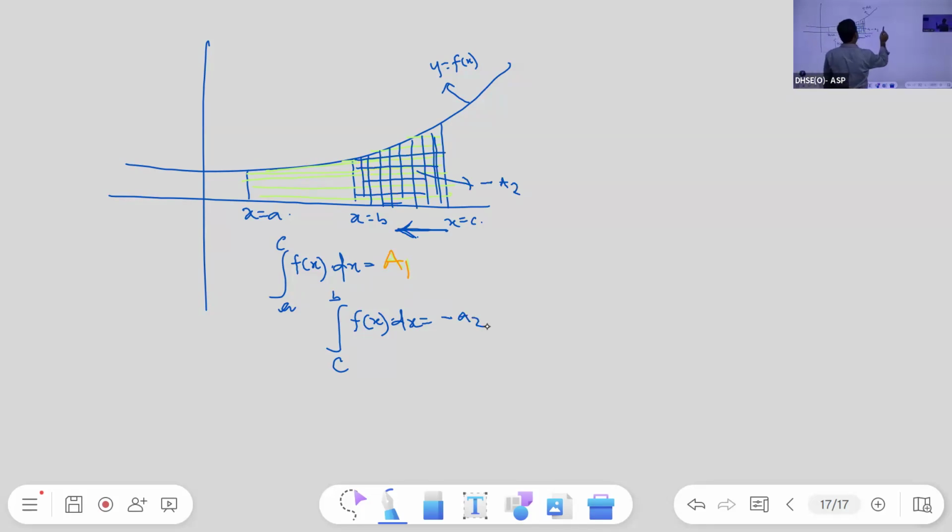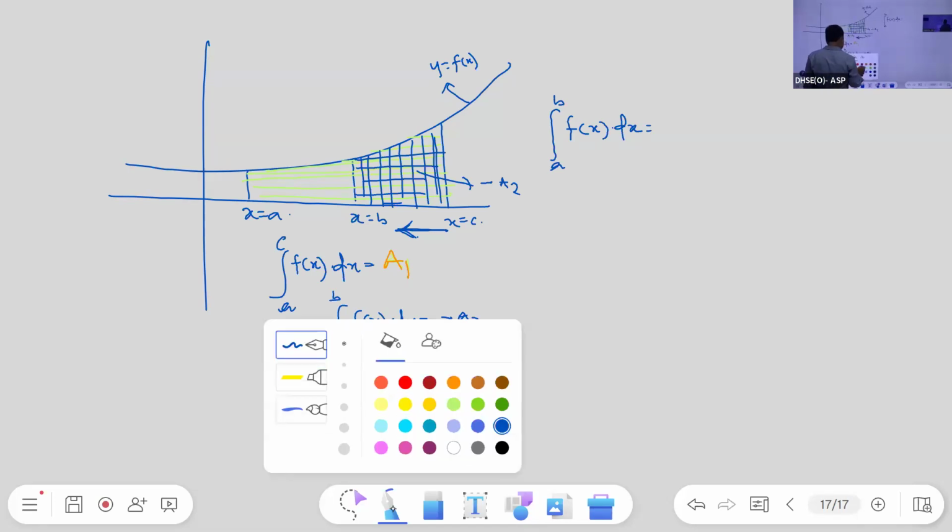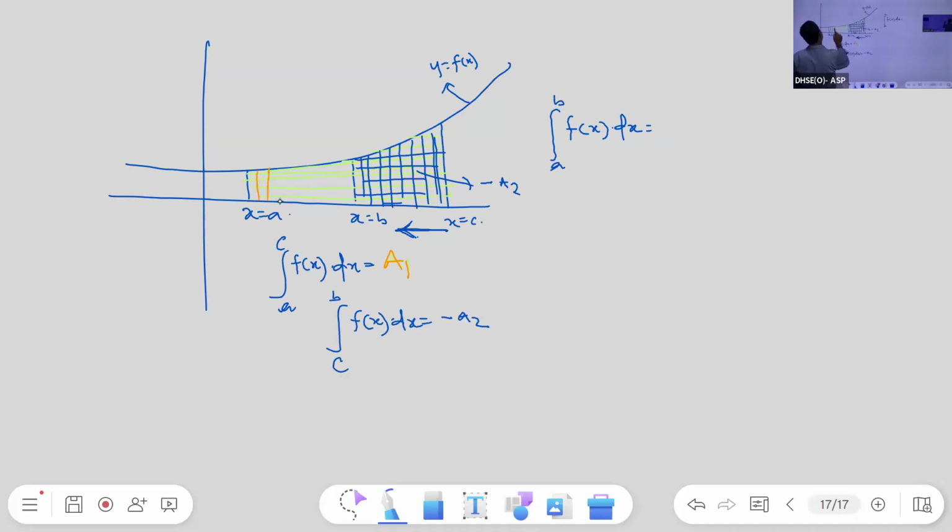Then the integral from A to B of f of x dx equals this area. Let it equal A. So A is equal to A1 minus A2. Okay.